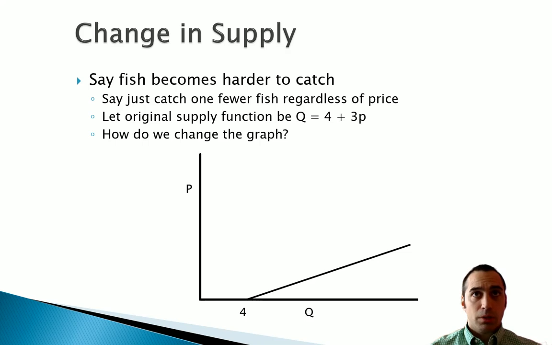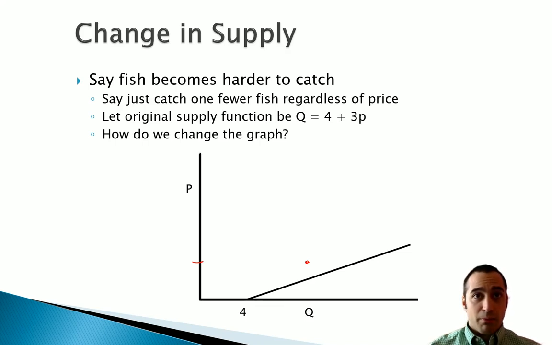As before, it's important to look at the axes. Let's say the price is given at this level. If they were to catch one fewer fish, it looks like, given this fixed price, they would be somewhere left of the original quantity supplied schedule.